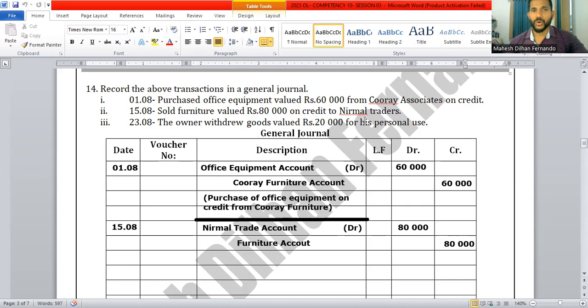Then don't forget the narration. In the very next line, you have to briefly describe the transaction. Sold furniture on credit to Nirmal Traders.